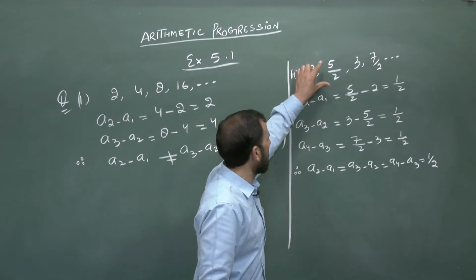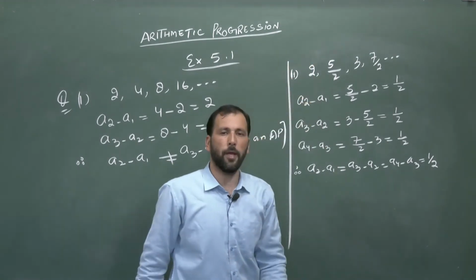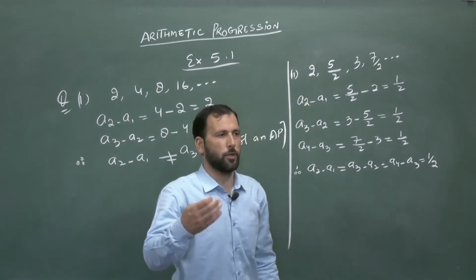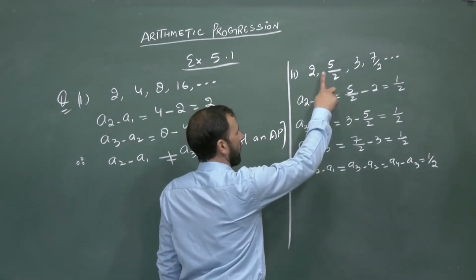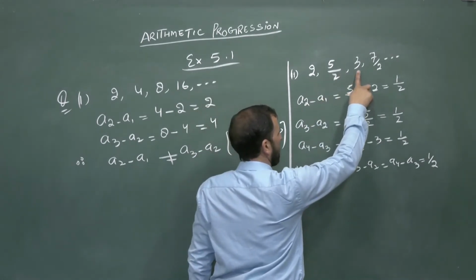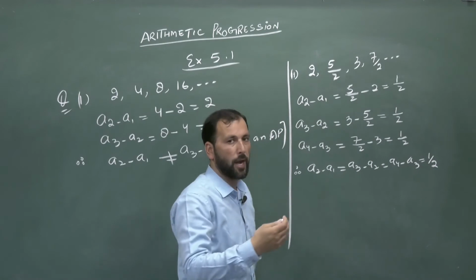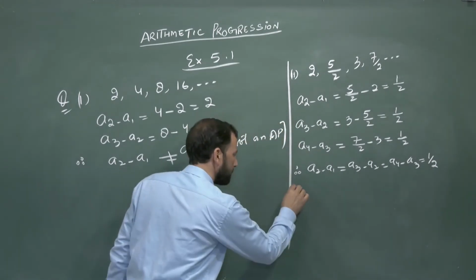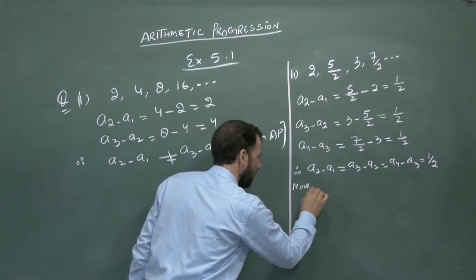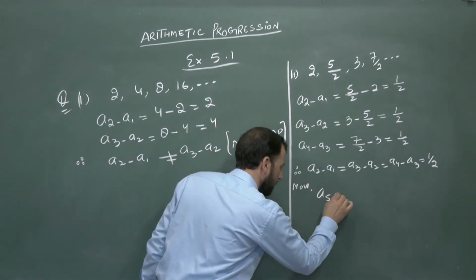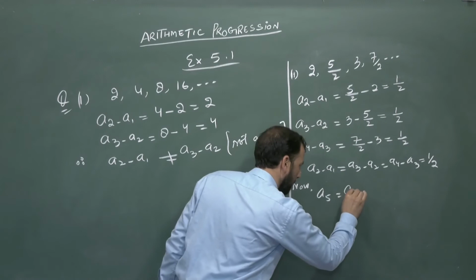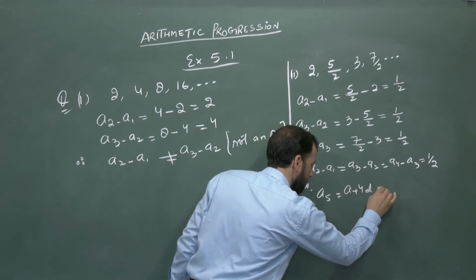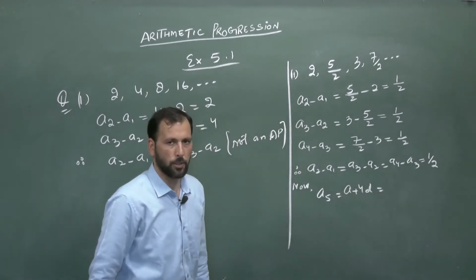Now if this is an arithmetic progression, then find next 3 more terms. We have A1, A2, A3, A4. Now what we have to find? A5, A6 and A7. Now A5 can be written as A plus 4D.